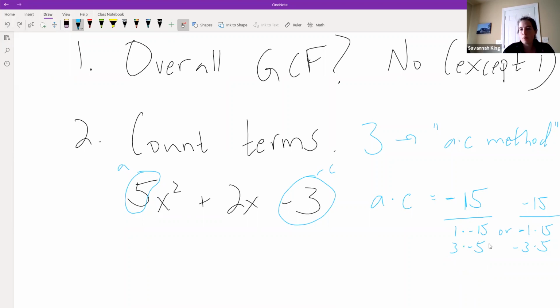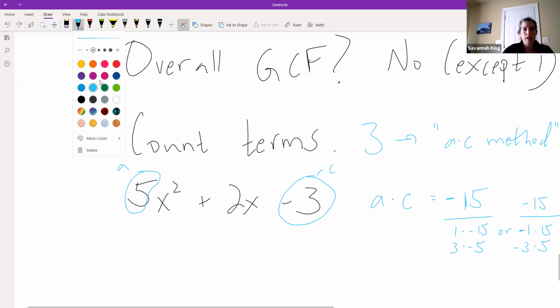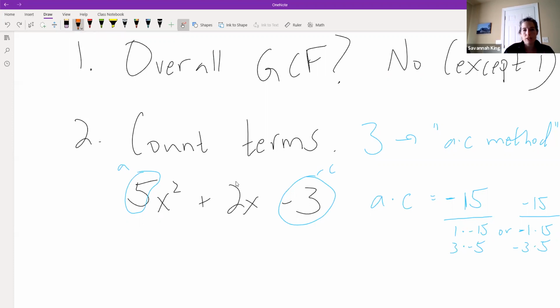So we have two lists here. If we look at adding together the members of each pair, notice that the first list, the one on the left, will always give us a negative. If I took 1 and added it to -15, I'd get -14. If I took 3 and added it to -5, I'd get -2. But what I'm trying to do is add together in such a way that I can generate +2.